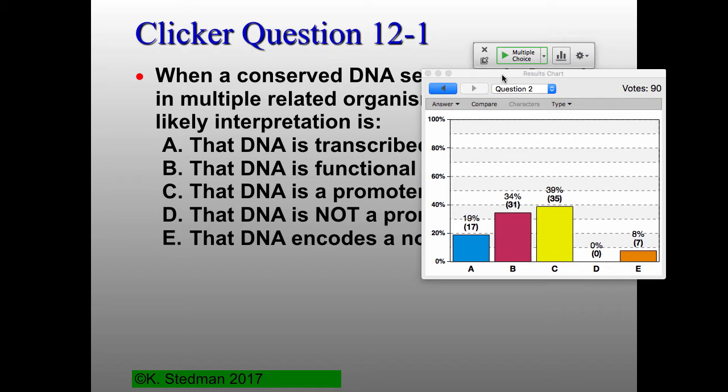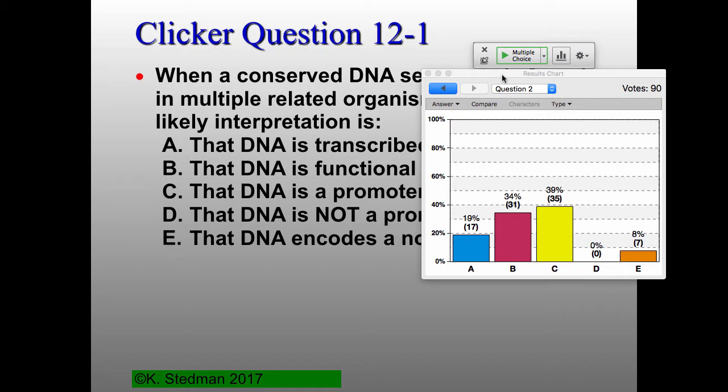Actually, E is not a bad answer because non-coding RNAs are often sequences which are conserved in multiple different organisms, but you can't really tell. And if you think about what other sequences might be there, transcription is certainly a possibility.